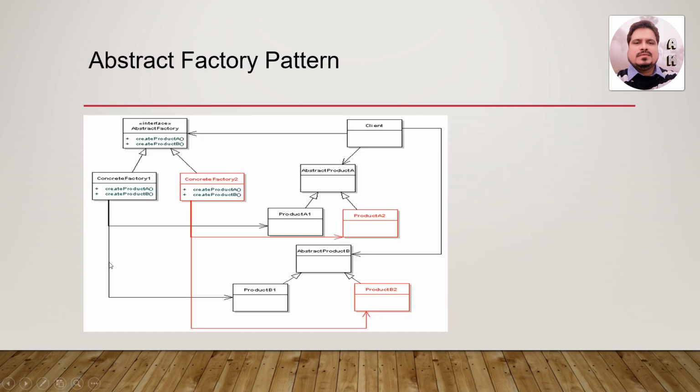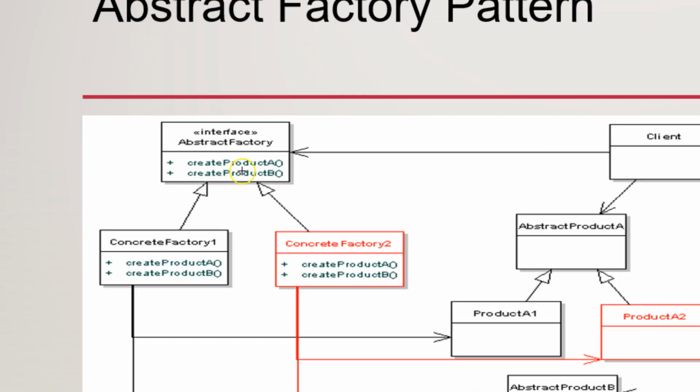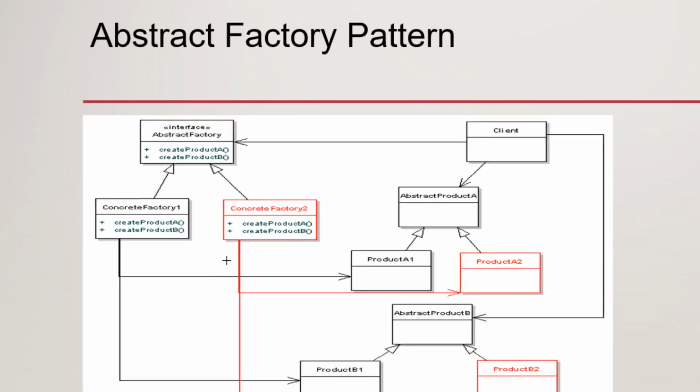But here, this abstract factory has createProductA, which returns a product A type, and createProductB, which returns a product B type. So here we have two factories. That's why we can say it is a factory of factories.